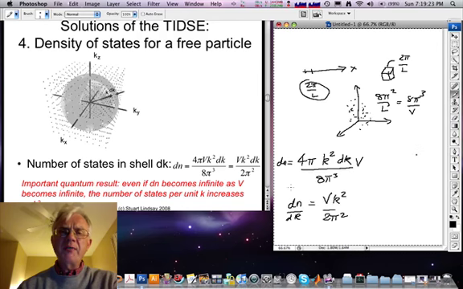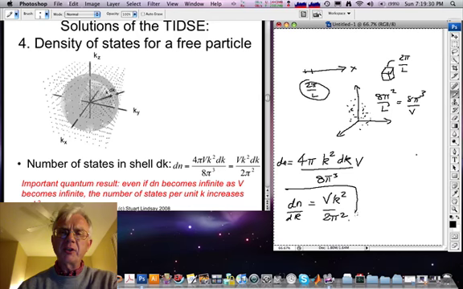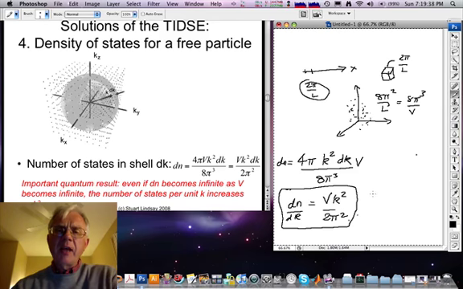Now, the quantity V appears in this expression, and of course it must, because our periodic boundary conditions were quite arbitrary, and V will go to infinity as the element goes to infinity, but we used it as a calculational device to obtain the result that the number of states per unit k varies as k squared, and this is an extremely important quantum mechanical result.